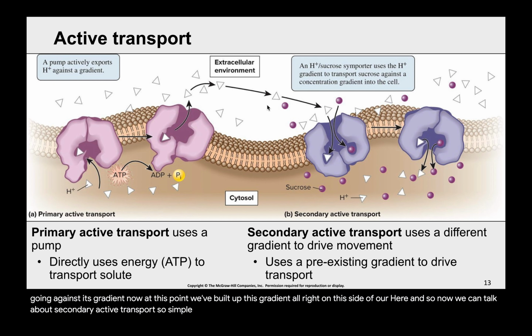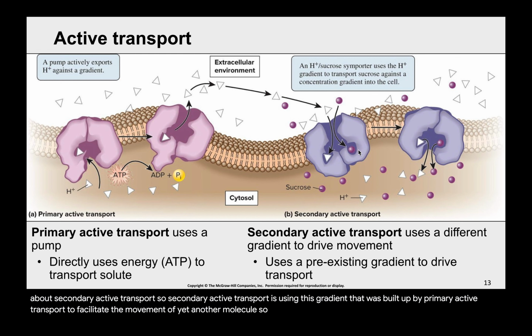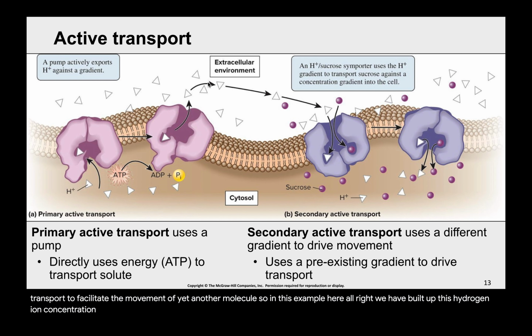So secondary active transport is using this gradient that was built up by primary active transport to facilitate the movement of yet another molecule. So in this example here, right, we have built up this hydrogen ion concentration to be really high on this side of our membrane, right?